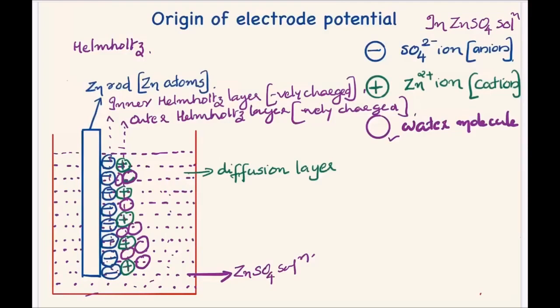Now, we can see that two layers are formed, and those layers are of different charge, and these layers are separated by a small distance. Now, as per electrochemistry, if you have two different layers or areas which contain opposite charges, and if they are separated by a distance, then potential will develop.